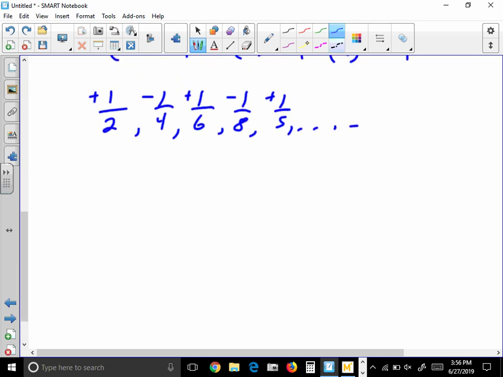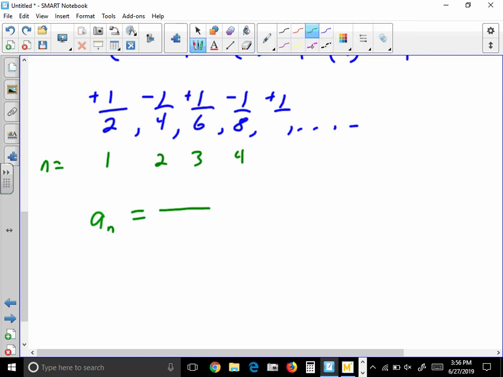So first of all, to generate just the numbers, on the bottom, if n equals 1, 2, 3, 4, and this is supposed to be 10, 5, how do you get the denominators from n? What's the relationship from n in each denominator?